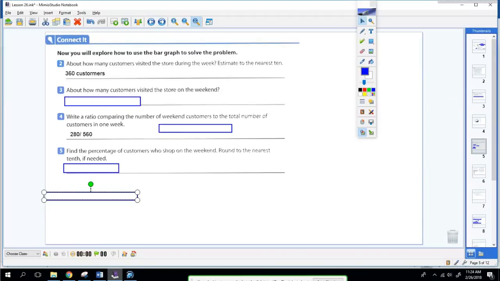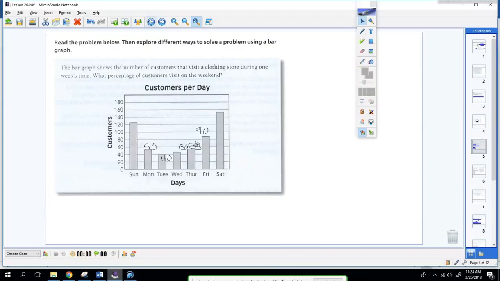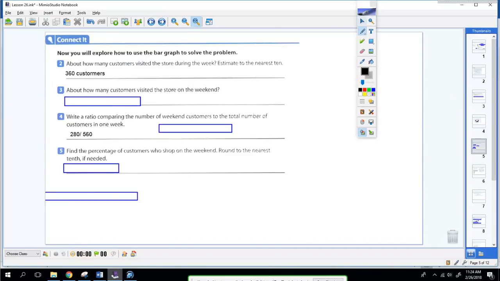Now we have to figure out how many customers went on the weekend. On the weekend, I would say about 130 or maybe 125, and then Saturday would be about 150 or 155, which I add together, and you get 260 customers.